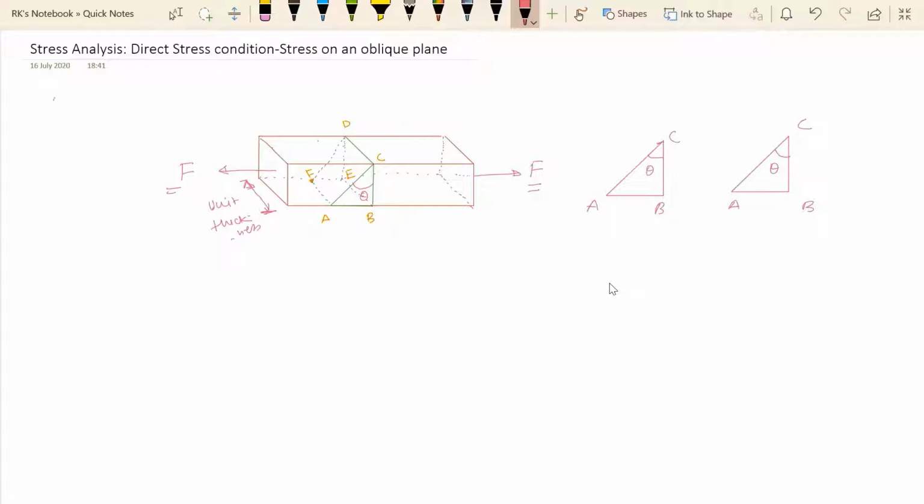So this F force results in direct stress, sigma x, along its length.